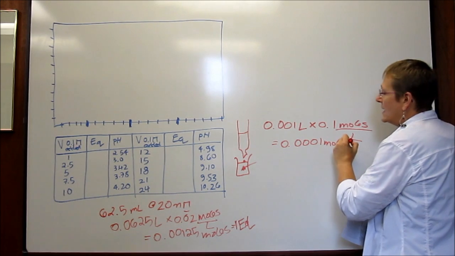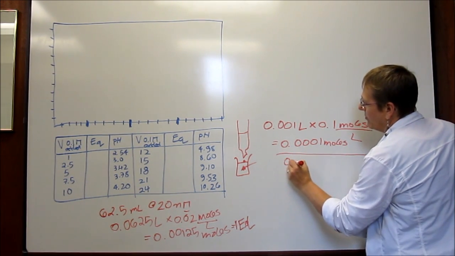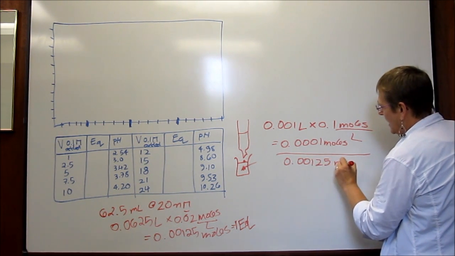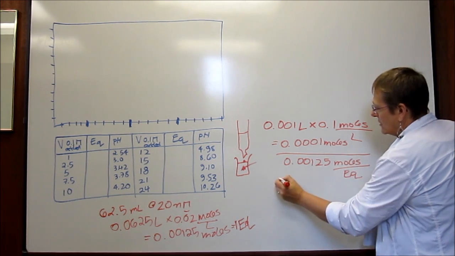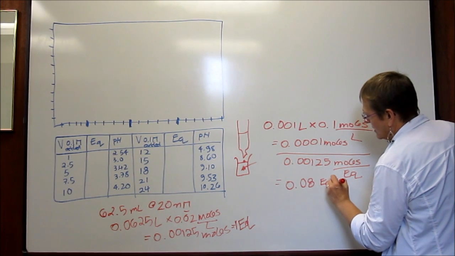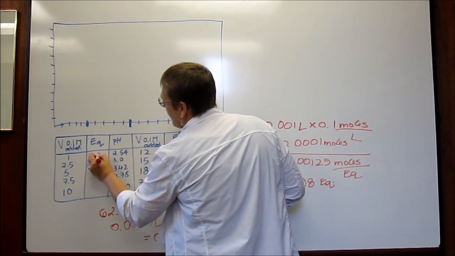Okay? That's how many moles we've added. Let's divide that by the number of moles in an equivalent, and we'll get an answer in equivalents. Turns out this is 0.08 equivalents. So we can put that number in here.